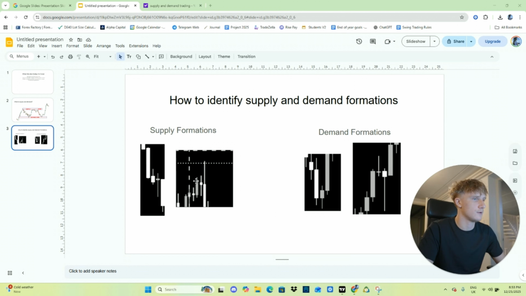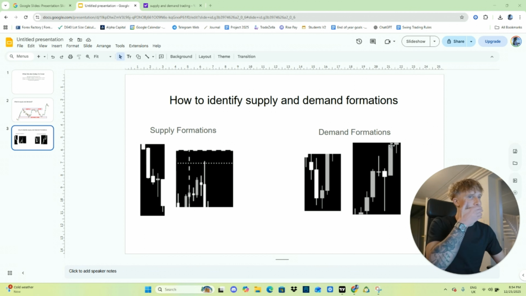Here, impulsive candle, indecisive candle, and then a very impulsive candle on the way down. In this case, there was a bit of a wick on it, but in relation to the candles around it, it was still a very impulsive candle. We'll go more into this specific example. Then here, once again, impulsive candle followed by an indecisive candle, impulsive candle on the way out, and the same again.